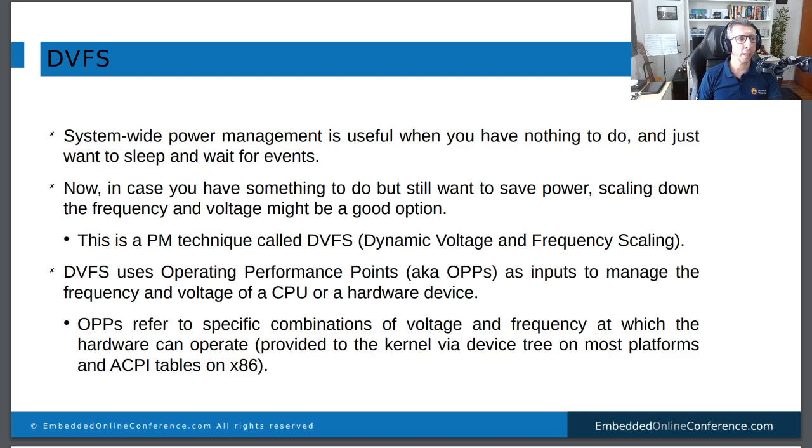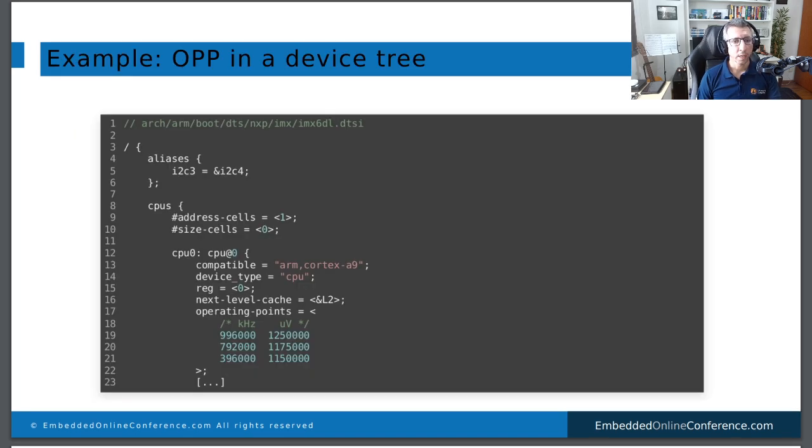This is usually defined on, for example, a device tree on an ARM-based platform. This is, for example, the configuration on the board that I'm using. This is a device tree from i.MX6 DualLite, and these are the operating points of CPU 0. You can see that we have 3 different frequencies that I can get the CPU to.